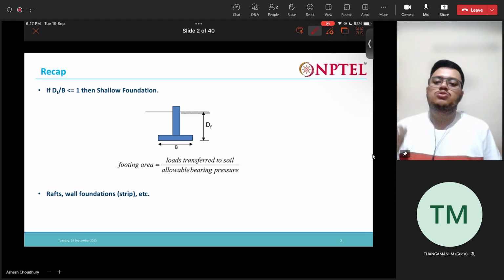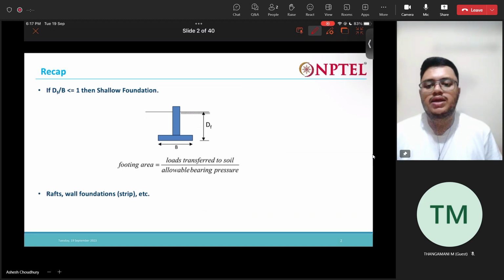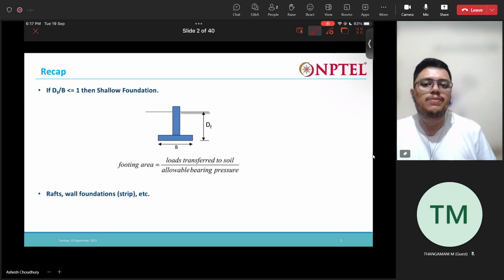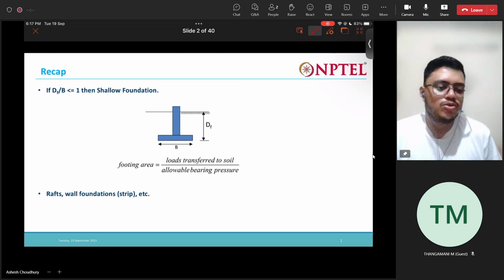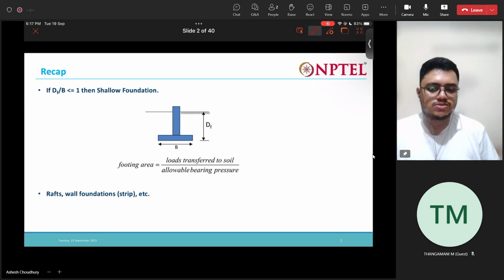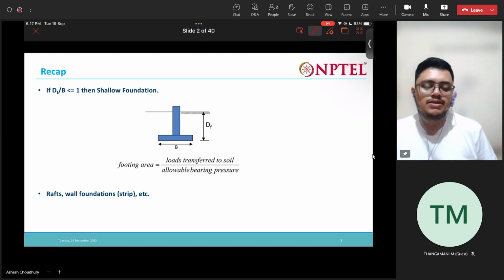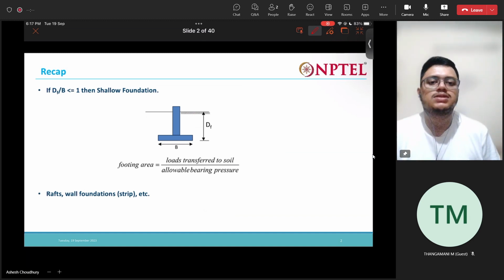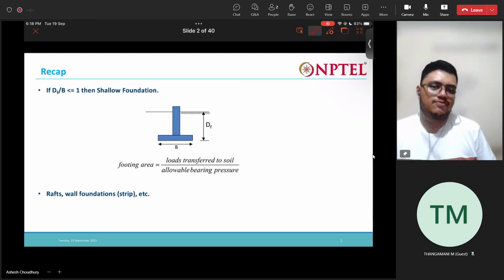It ensures our settlements will be within range, and the soil would be able to take that load without undergoing shear failure.